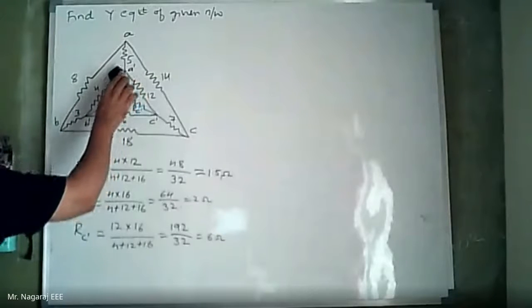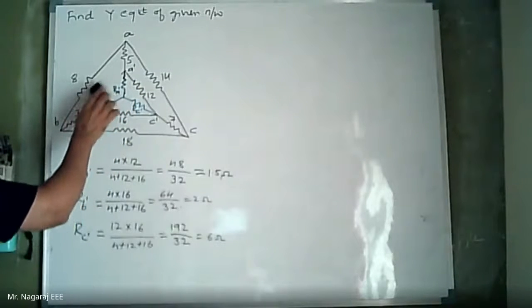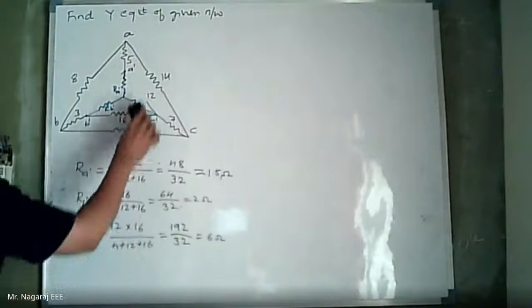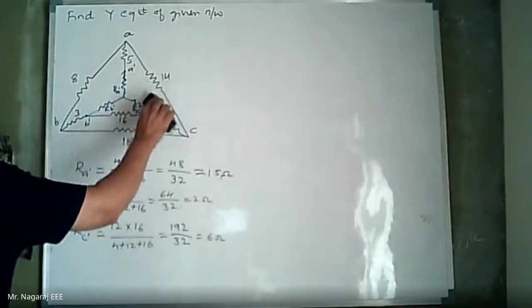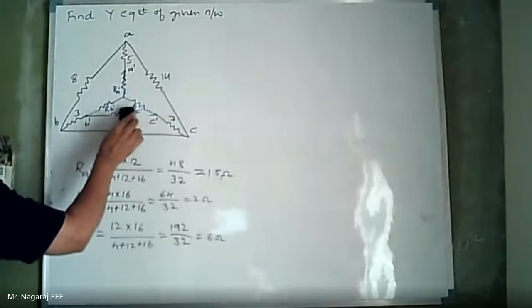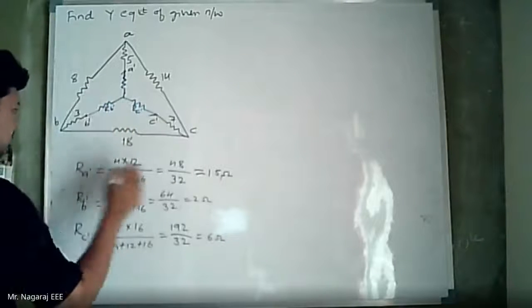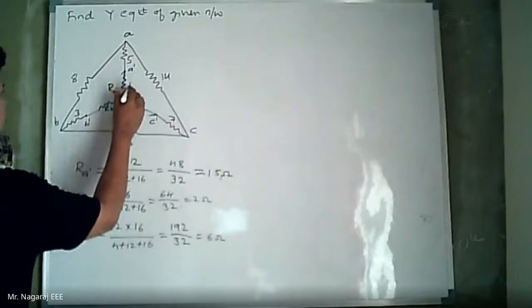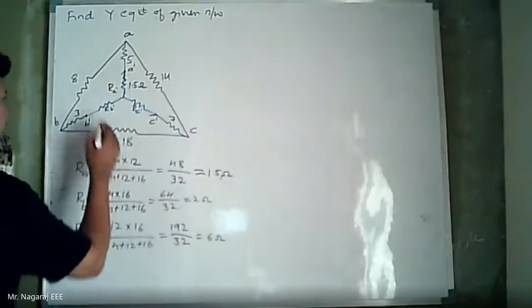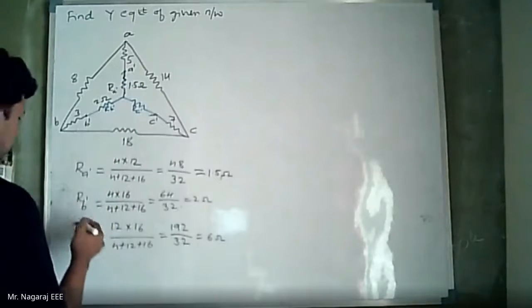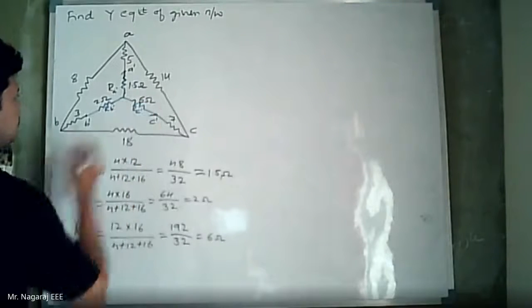Now I will replace this by the inner star. RA dash is 1.5 ohm, RB dash is 2 ohms, and RC dash is 6 ohms.